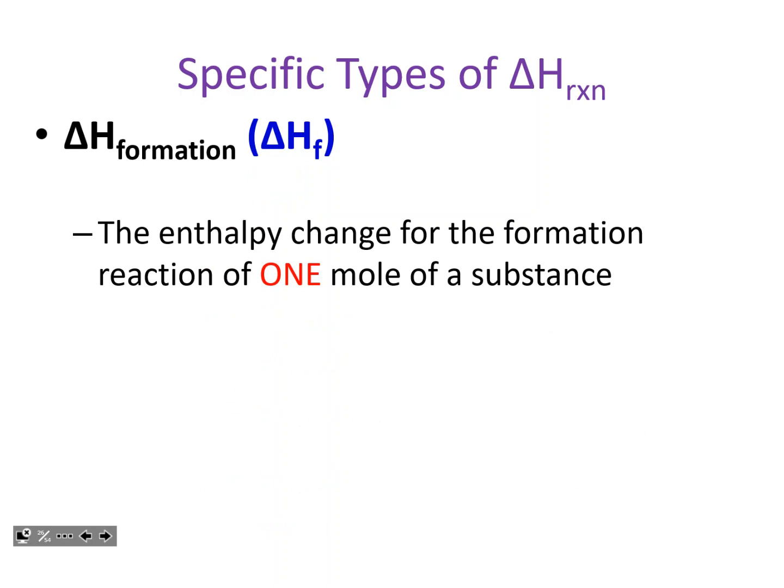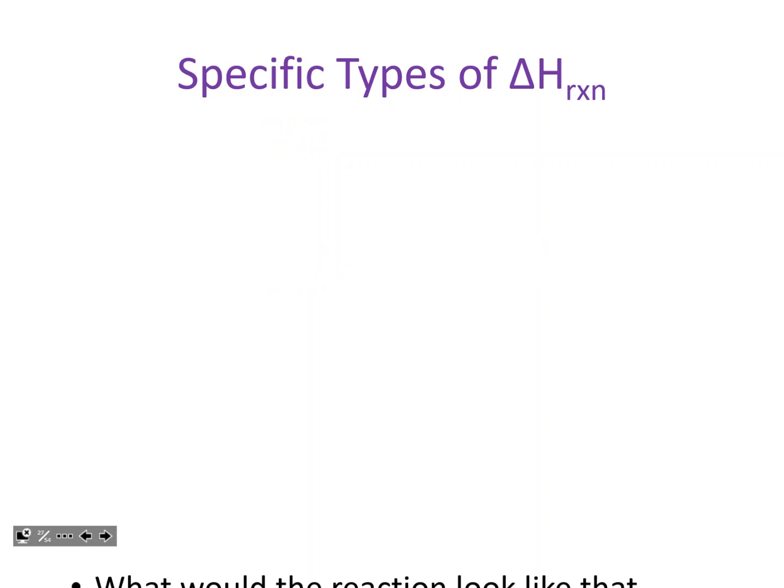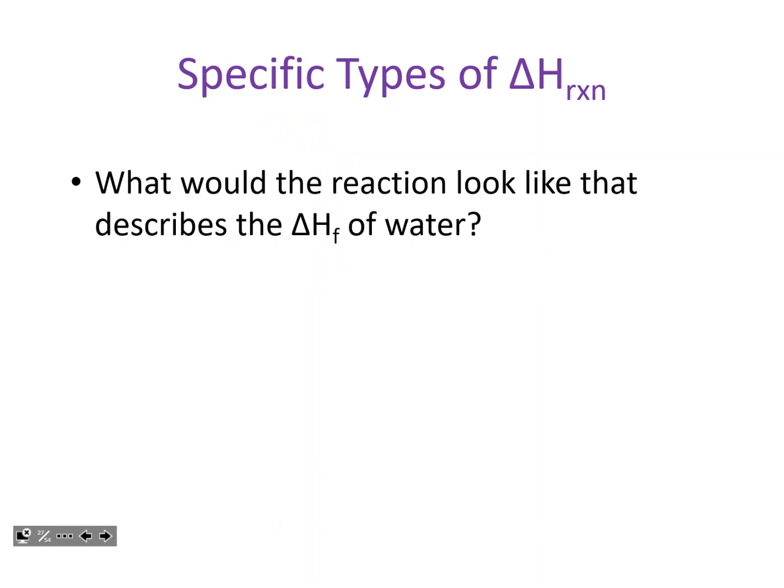Okay, now when we say formation, we're forming a compound or molecule from its elements. All right, from its elements, it's being formed. So, for example, what would it look like if I'm forming H2O, water?